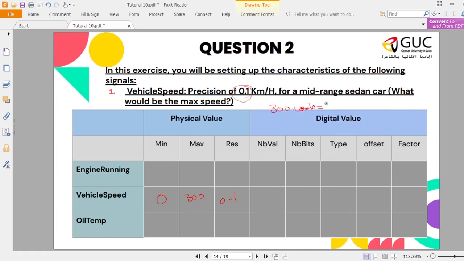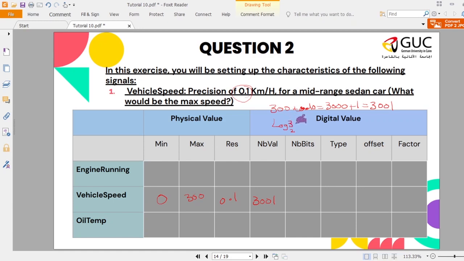So it's going to be 3,000, right? And we will add the 1 for the 0, so it's going to be 3,001. So the total values is going to be 3,001.